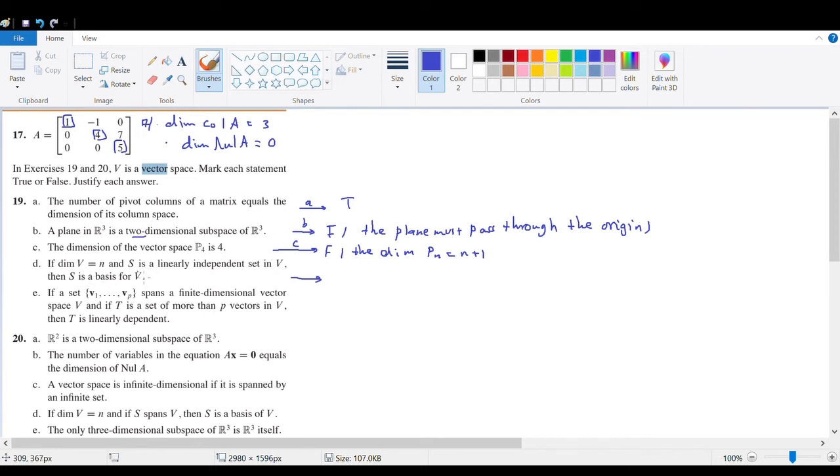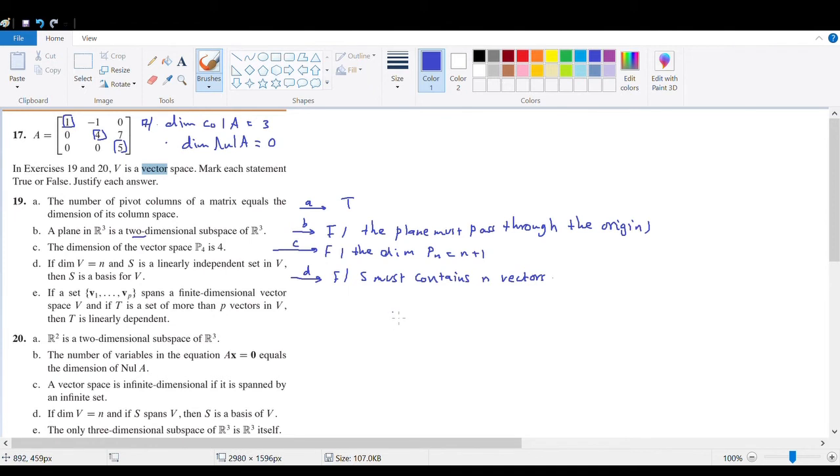No, we can say that if S is a linearly independent set with n vectors, then we can conclude it is a basis. So this one is false. S must contain n vectors.